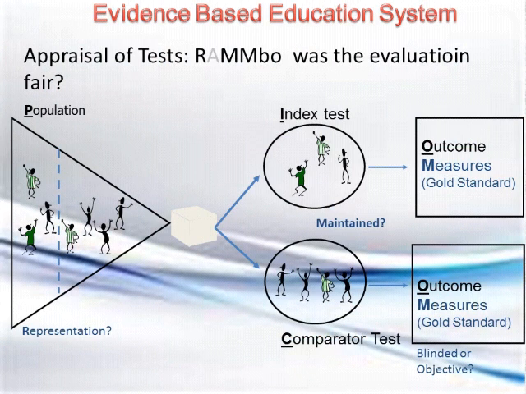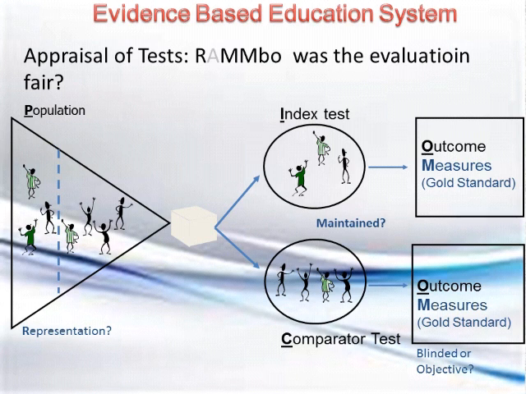The first part is the population part, which you see. Was the evaluation done properly? Now you have a heterogeneous population. Then what was the population in the index test and what was the population in the comparative test? So that is most important. Now as you can see, I have colored the people in different shapes. So you come to know that they are not the same.